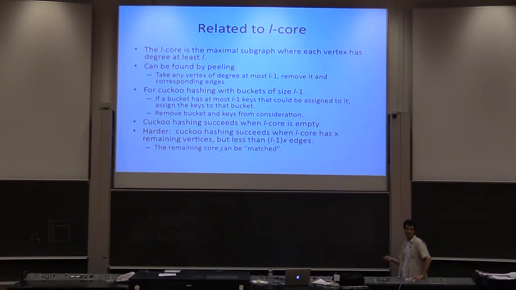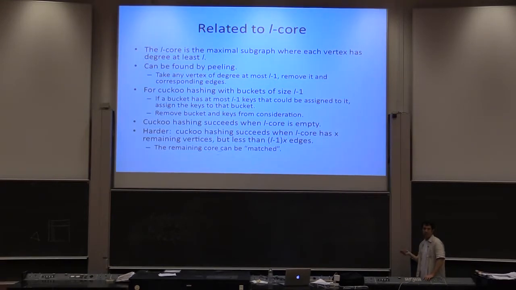And we'll see at the end of the day if everything has at most L minus 1 keys in it by this peeling. So it's clear that cuckoo hashing succeeds when the L-core is empty, when we can peel away in this fashion.